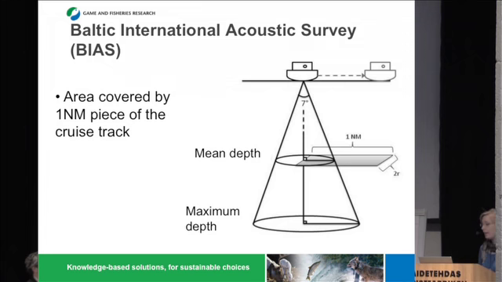This graph illustrates how the area covered by the survey is calculated when the survey vessel travels 1 nautical mile. So the acoustic measurements by the echo sounder are taken with a volume in the shape of a cone, which has 7 degrees at the top, and then the base is calculated from the radius at the base of the cone.